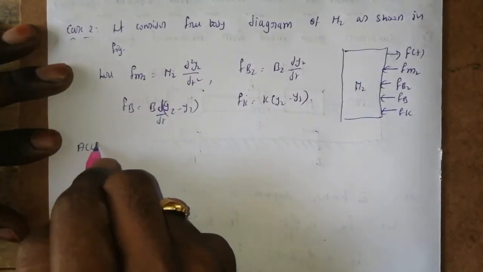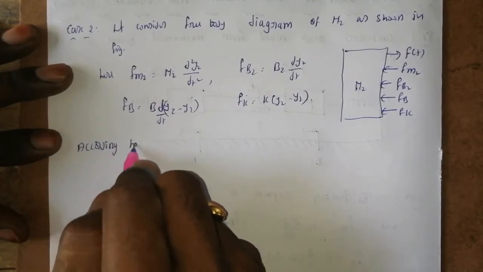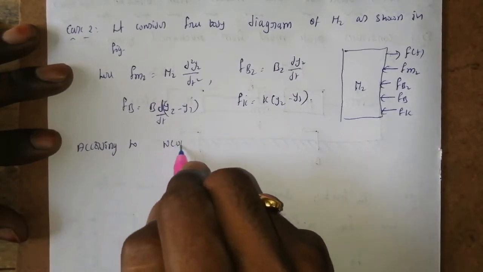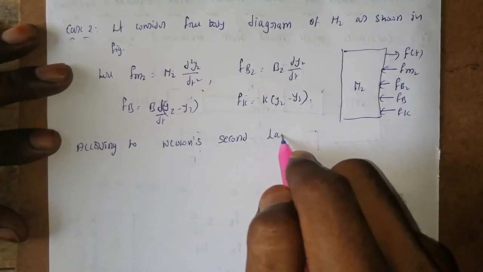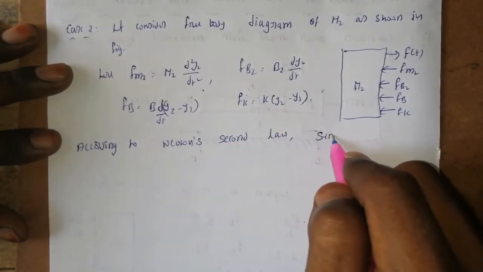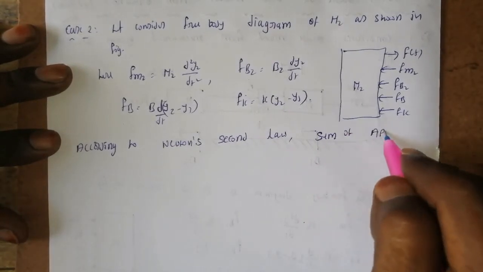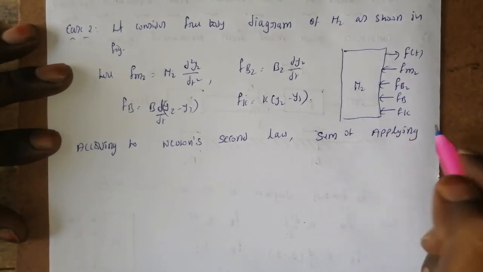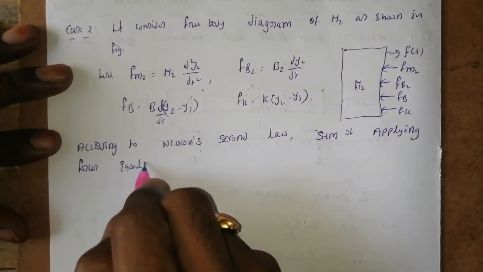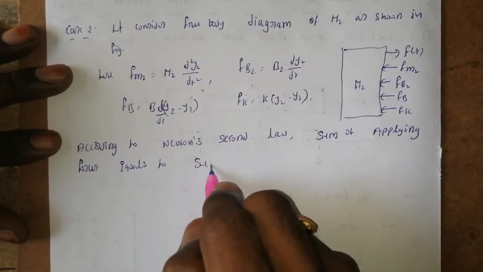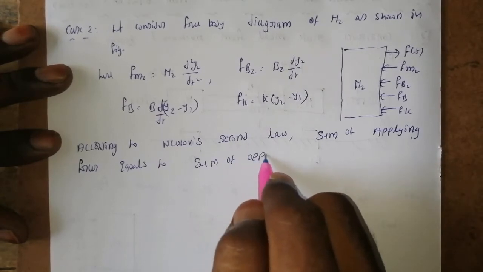According to Newton's second law, the sum of applying forces equals the sum of opposing forces.